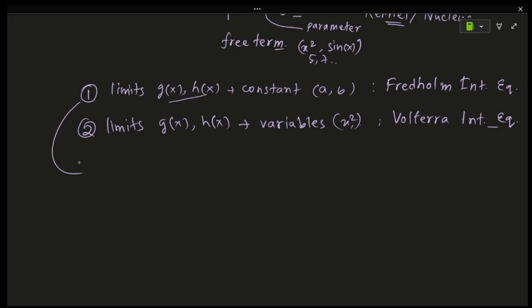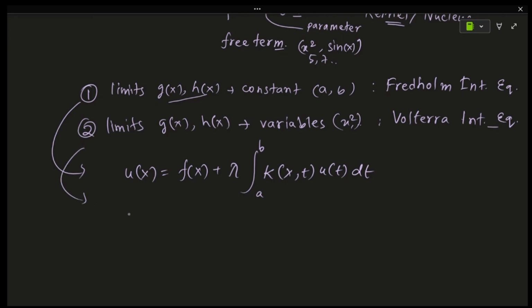The first case, the Fredholm integral equation, looks like this. It's the same thing, because we have lambda, but the limits are constants. So it's from a to b, k of x, comma t, u of t dt.